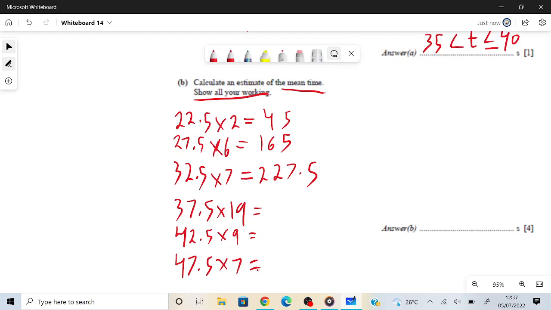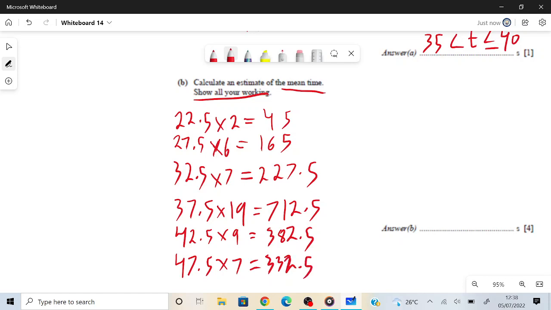So 37.5 times 19, that's 712.5. 42.5 times 9, I think that's 382. Let's just quickly check. Okay, 382.5. And 47.5 times 7. So let's check that. That's 332.5.